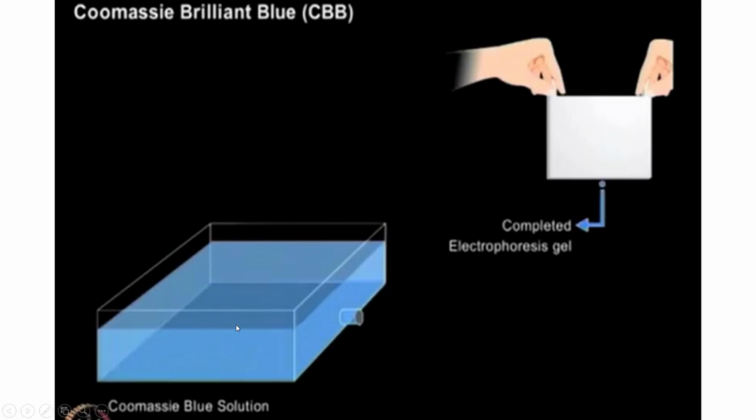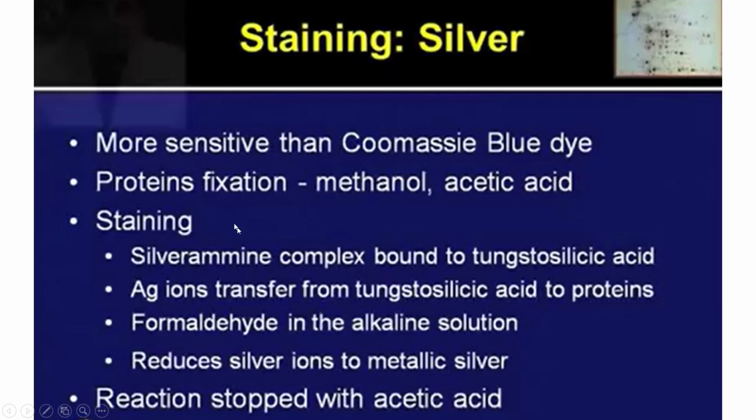You keep the gel inside, and initially you do the fixation using methanol and acetic acid. Then you stain. In terms of silver staining, initially the silver is bound as Ag ions, and formaldehyde in an alkaline solution is added in order to reduce silver ions to metallic silver, and the reaction is stopped with the help of acetic acid.